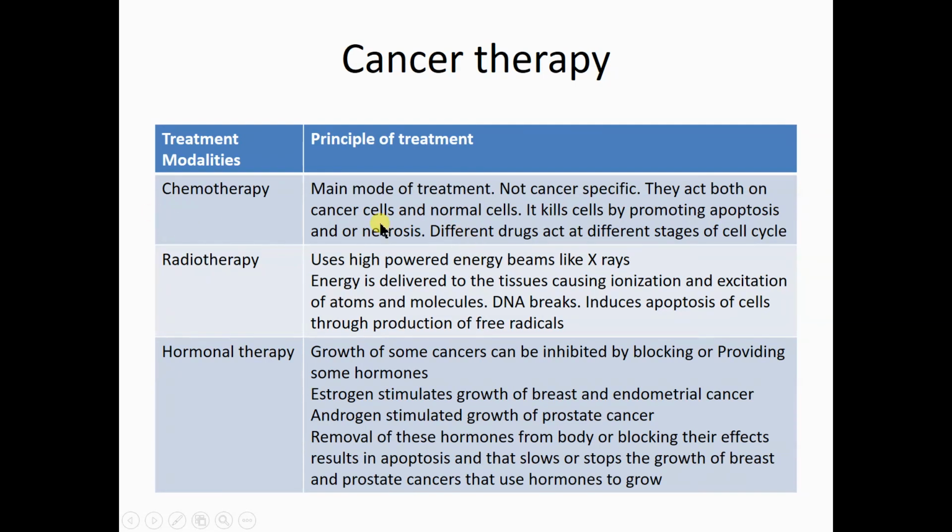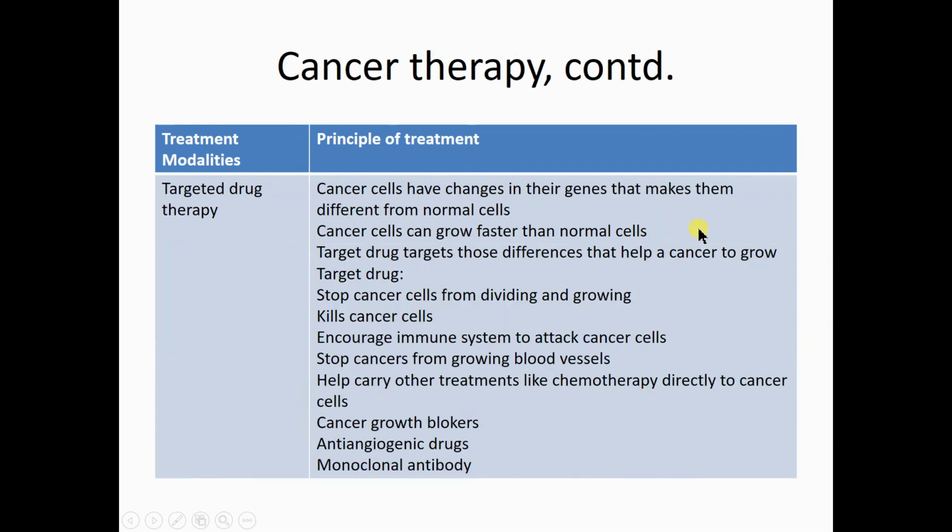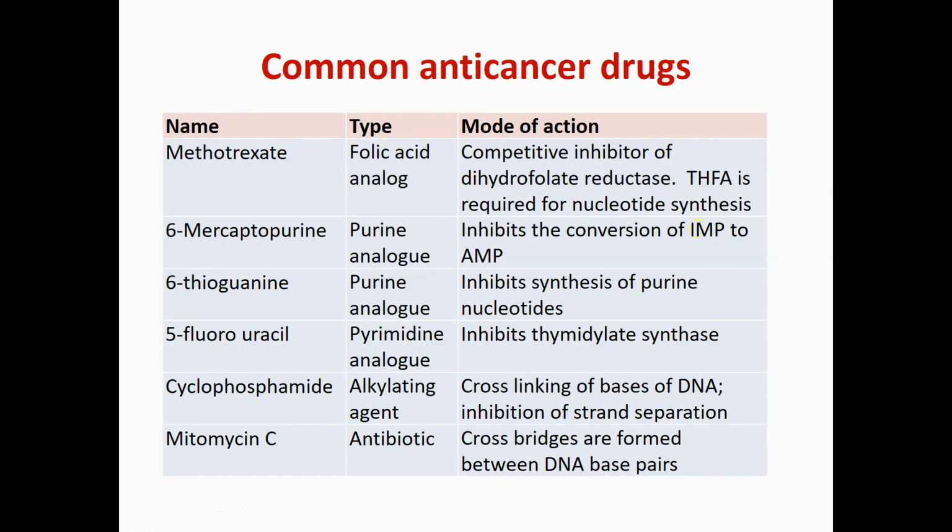Different types of drugs act at different stages of the cell cycle. These are the common anti-cancer drugs, like methotrexate, a folic acid analog that we have seen under the folic acid chapter.